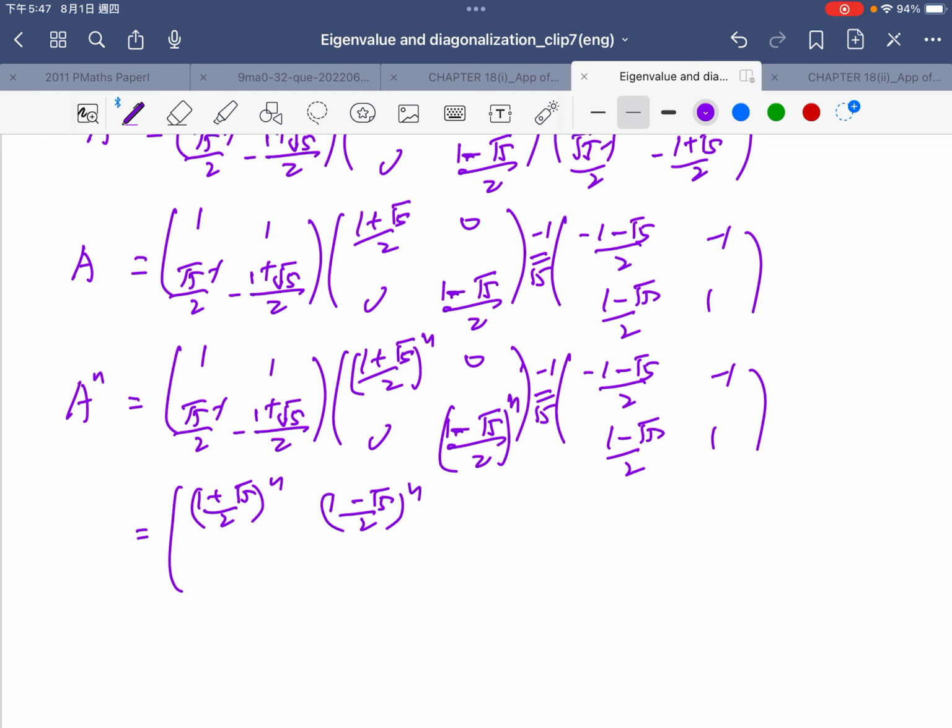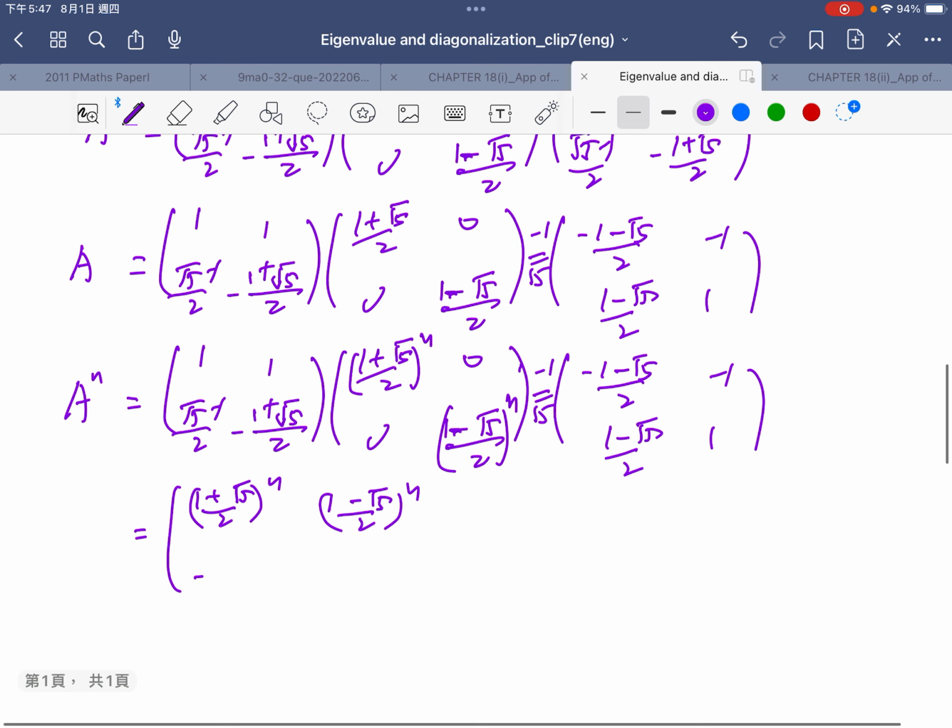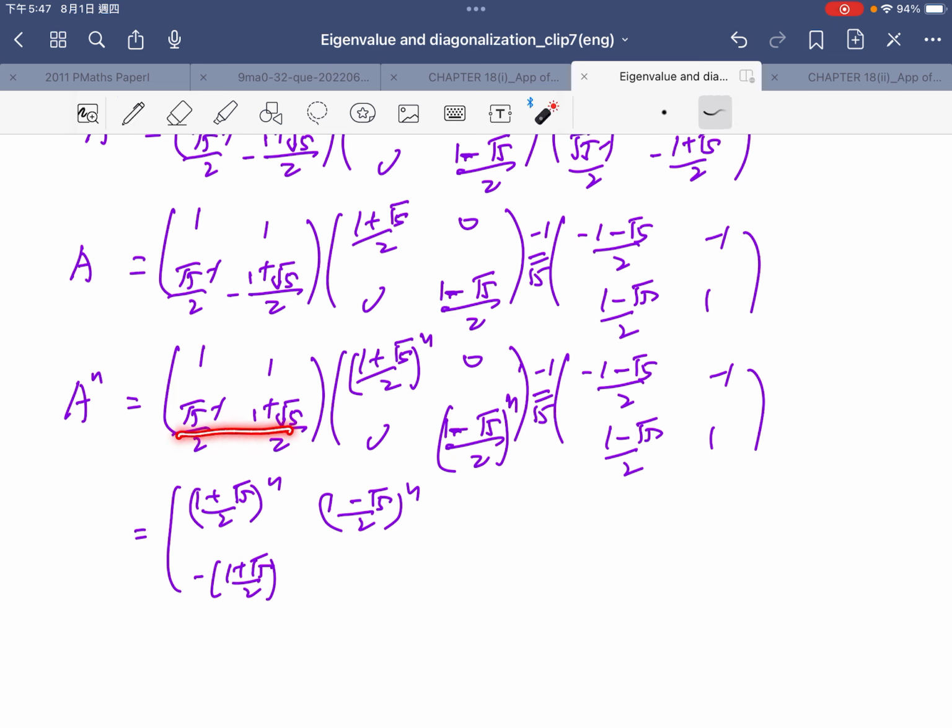This is minus 1 plus root 2 over 2 to the power n plus 1. Oh, let me see. N minus 1, not n. Because this one times this one is, and this is n minus 1. I don't show the step here, but you can check by yourself.